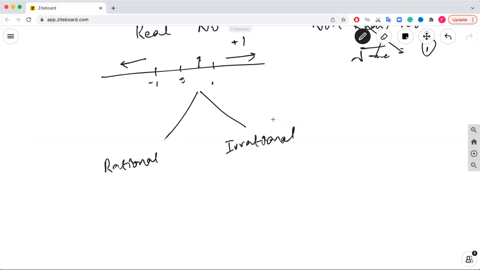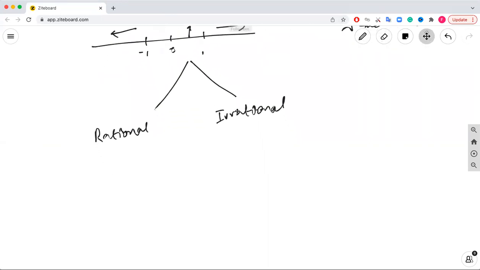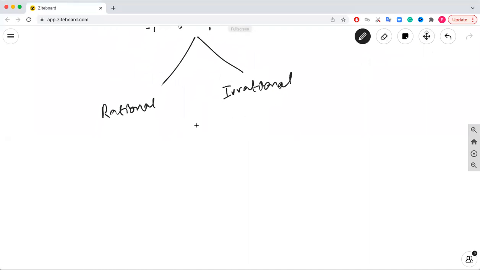What is the difference between these two? Anyone? Rational numbers can be expressed as P by Q, and irrational numbers are all numbers that can't be expressed in P by Q form. One thing, can we have Q as a zero value?